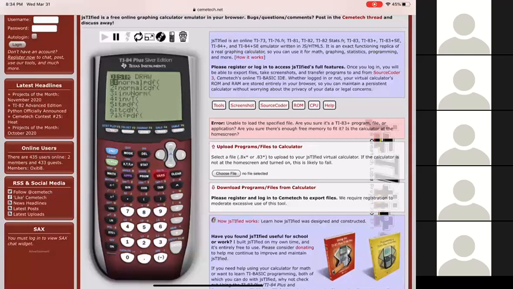So second vars, option number 3 was inverse norm. So option number 4 is inverse t. So all we have to do is select option number 4 instead of option number 3, and we will get inverse t.